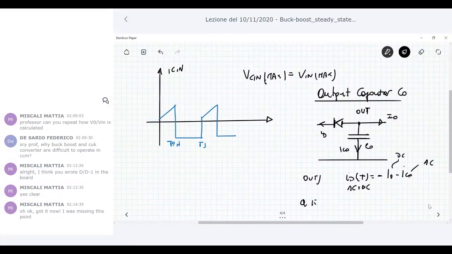Okay, so the quadratic Kirchhoff current law gives IC naught root mean square current, which is the difference between the ID current root mean square value and I naught.